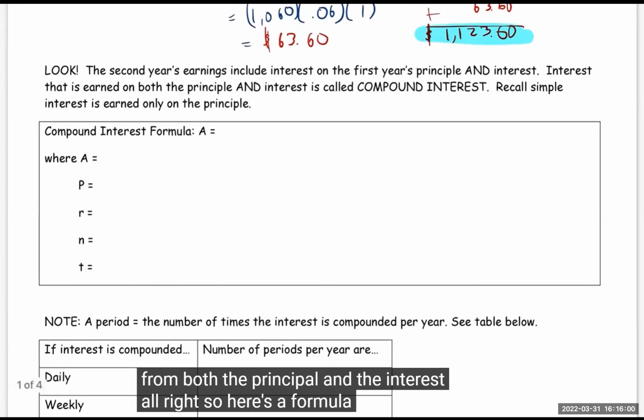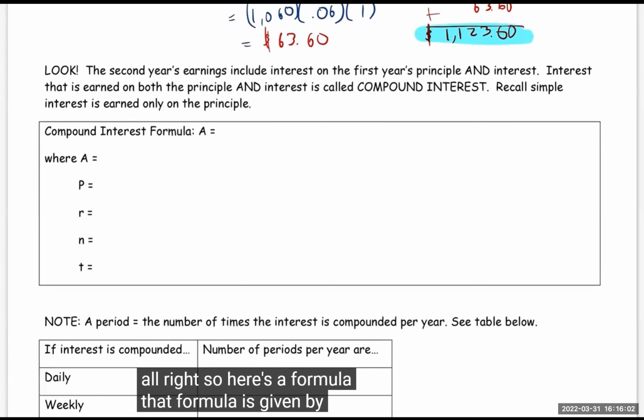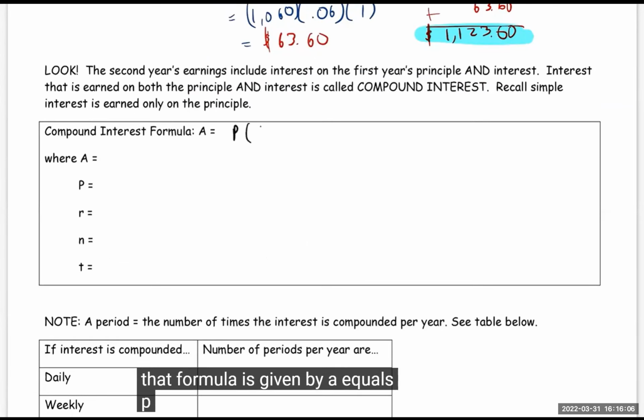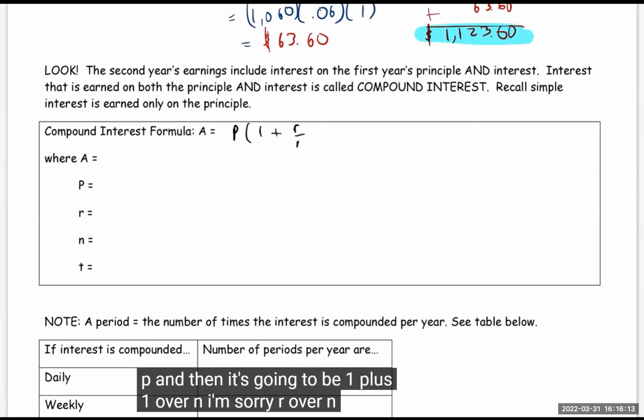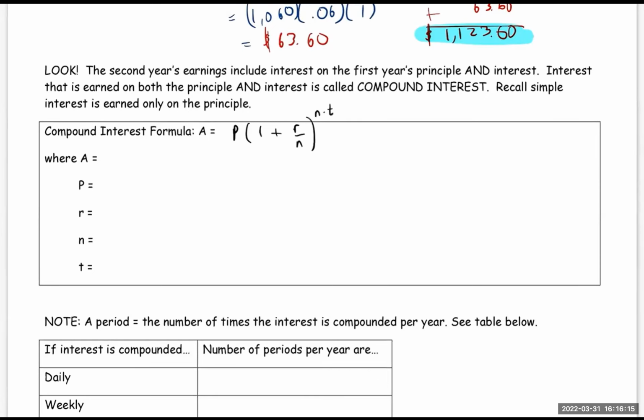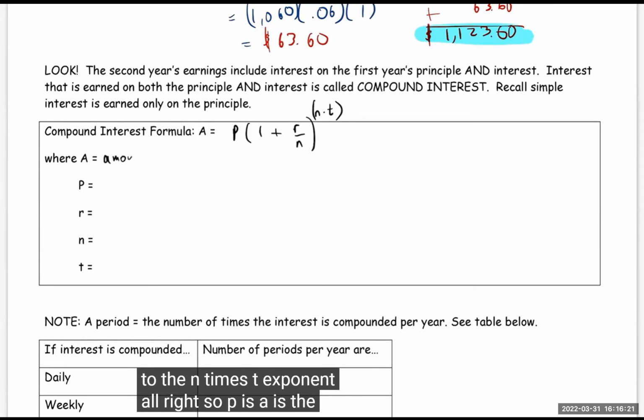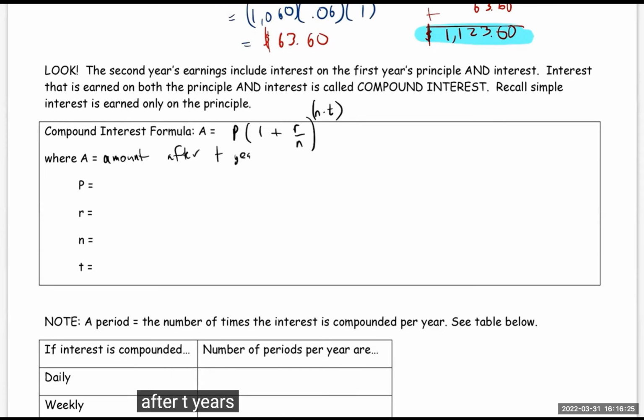All right, so here's a formula. That formula is given by A equals P times 1 plus R over N, to the N times T exponent. A is the amount after T years.